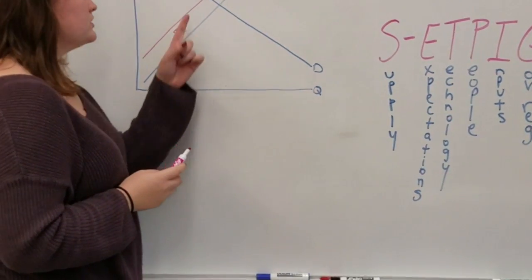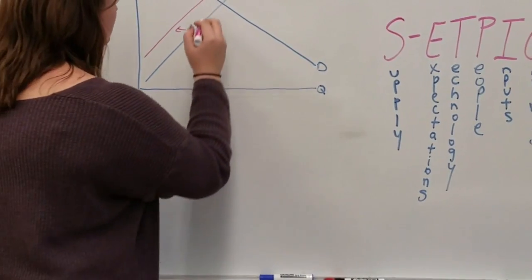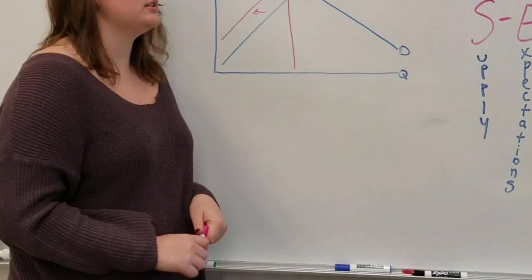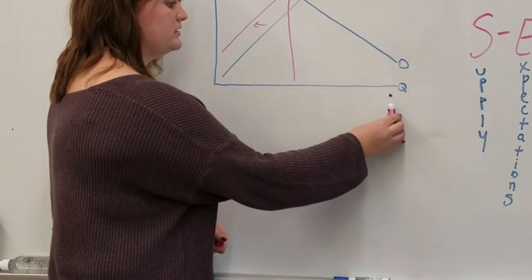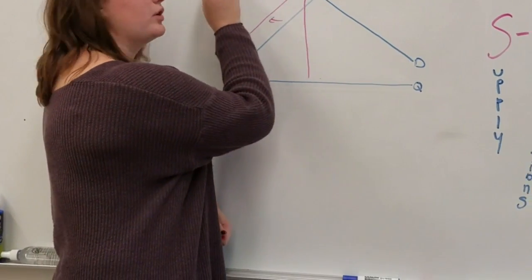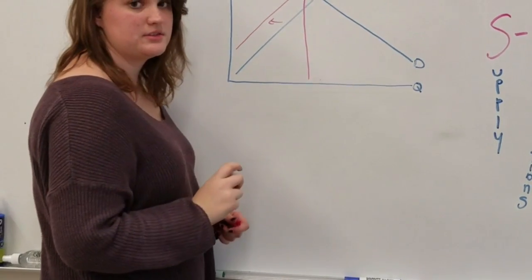This gives us a new equilibrium. So what this means is the quantity of bikes decreases, but the price level increases.